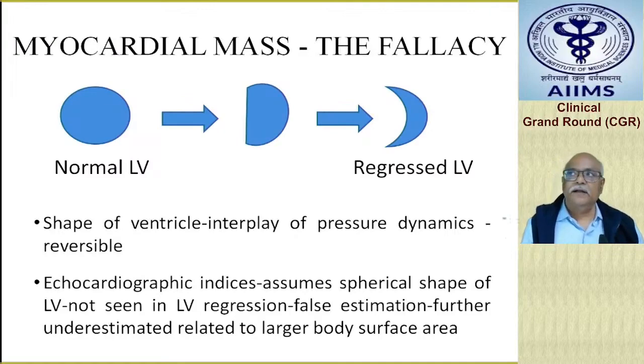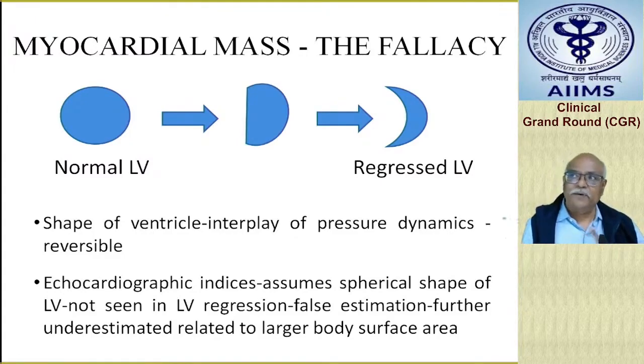And you know that LV and RV are separated by the interventricular septum. LV is exposed to high pressure, RV is exposed to less pressure. So it is one wall which is sensing both high pressure and low pressure. So this is the first wall which will shift its position and subsequently its motion.